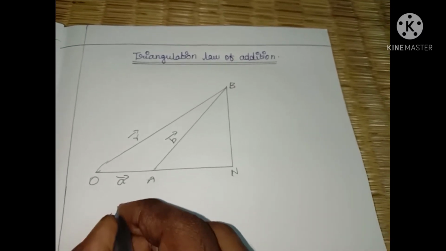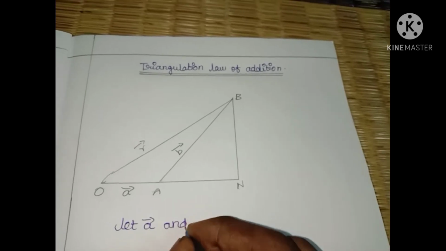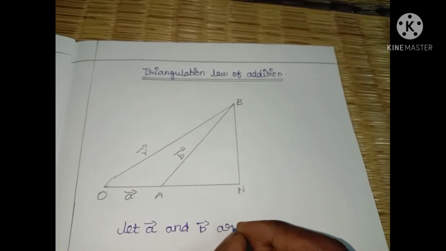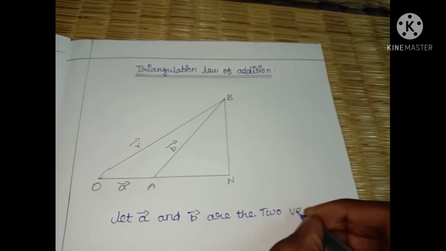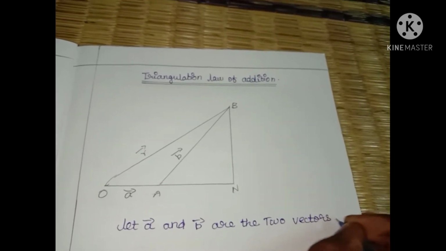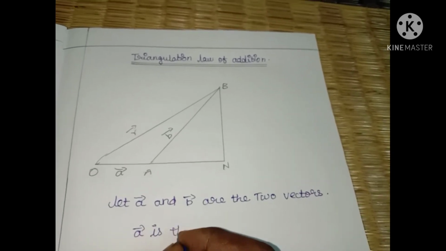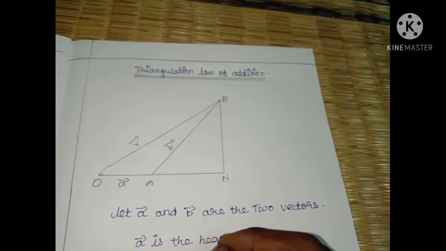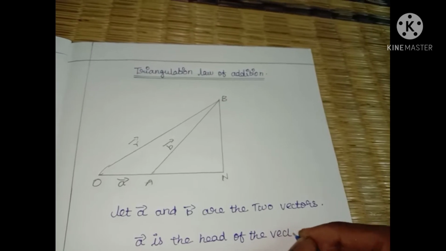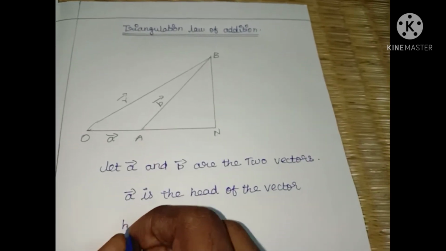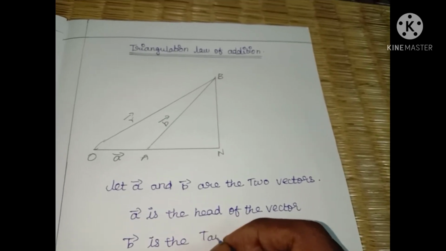Let A vector and B vector be the two vectors. The A vector is the head of the vector and the B vector is the tail of the vector.